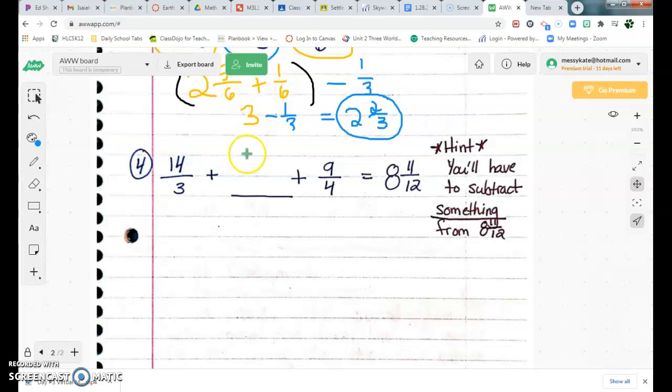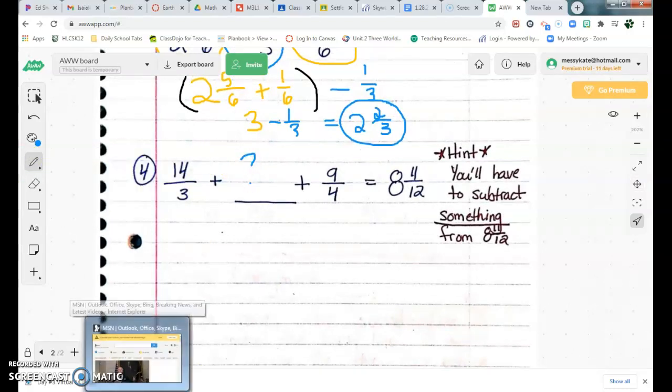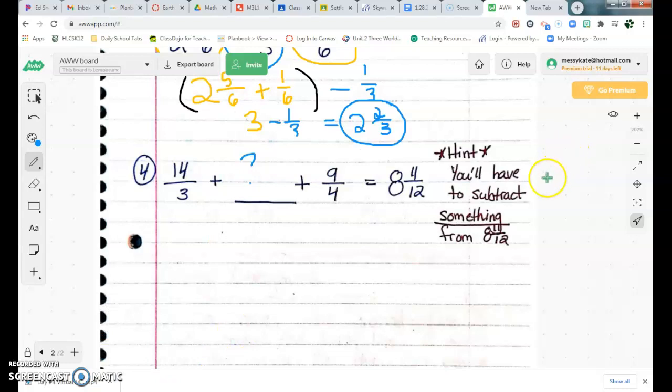I need to know what this missing question mark is in my number stories problem. I'm going to start off by taking these two fractions that I have, adding them together, getting that sum, and I know this answer minus whatever this is going to give me that missing value.